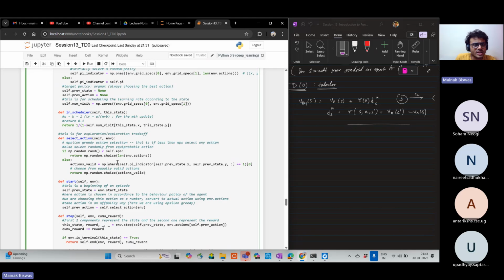The equiprobable actions are written here. So wherever it is 1, you select randomly from those locations. So np.where tells me where the value is 1.